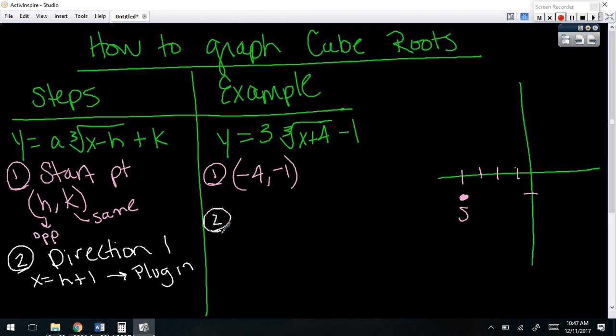Nothing new yet. So what x am I going to use? Negative 4 plus 1. So use the H from the start point. What's negative 4 plus 1? Negative 3. Okay. I'm going to plug it in.